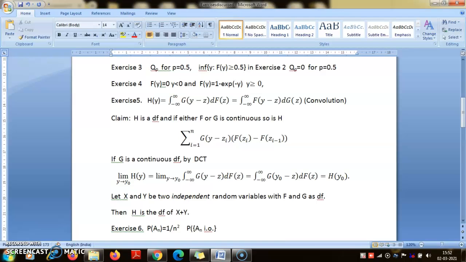The hint I am leaving is the Borel-Cantelli lemma. This is something I am giving you as an exercise. I am not telling you the answer, but the hint should be enough. Please have a look at this exercise.